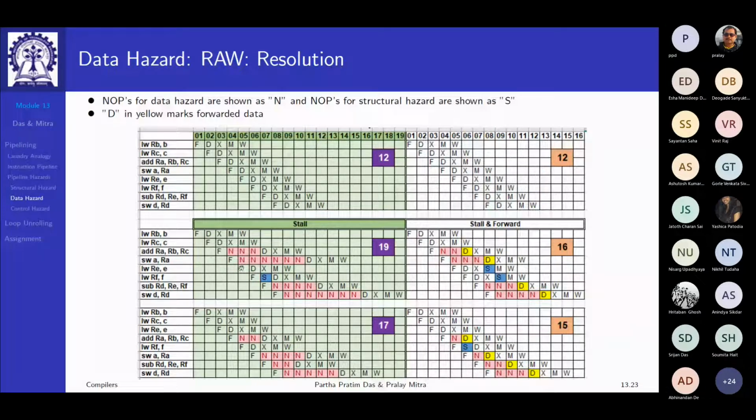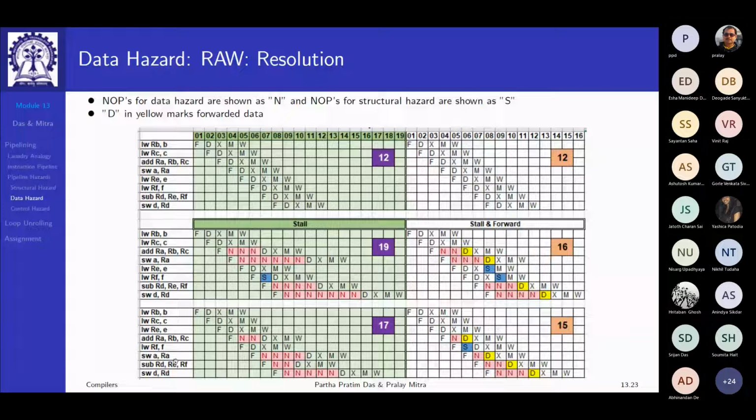Now, let us come down below to see the effect of reordering. Here we have reordered instructions, two reorderings actually. Load of RE we have moved above add, and load of RF we have moved above the store of RE.